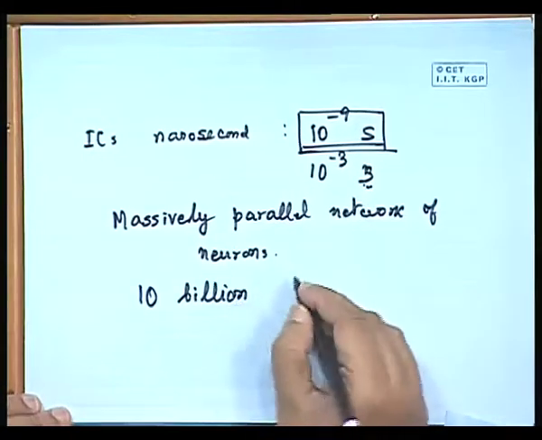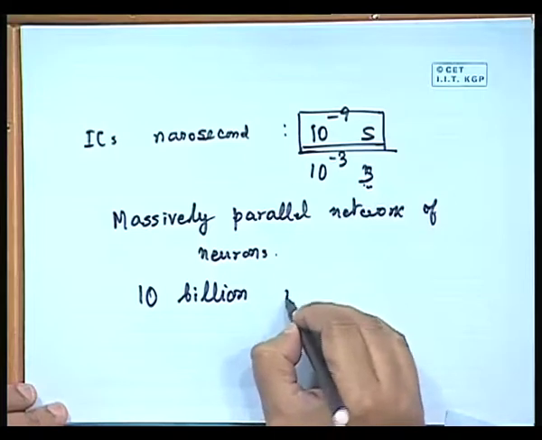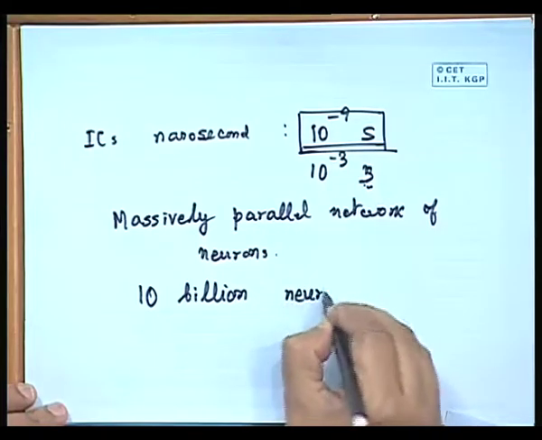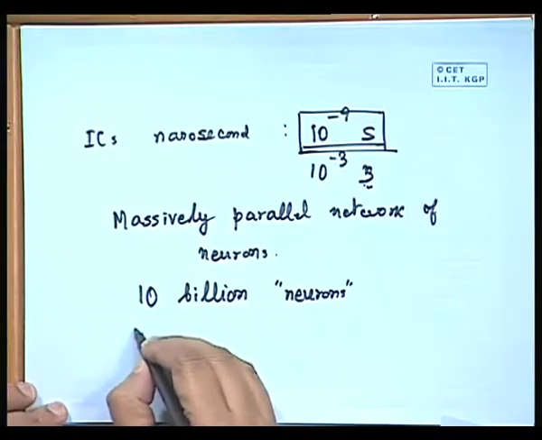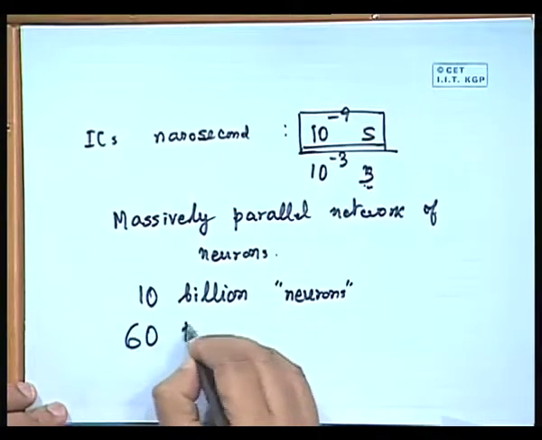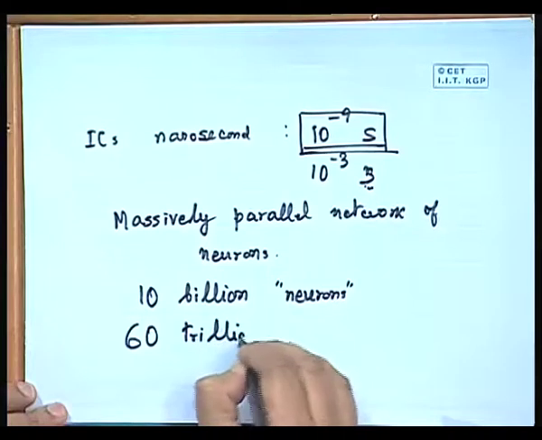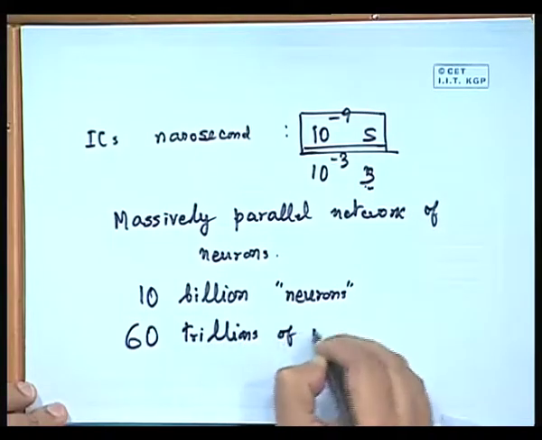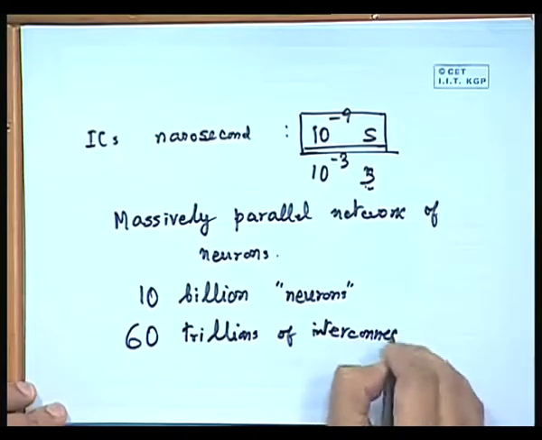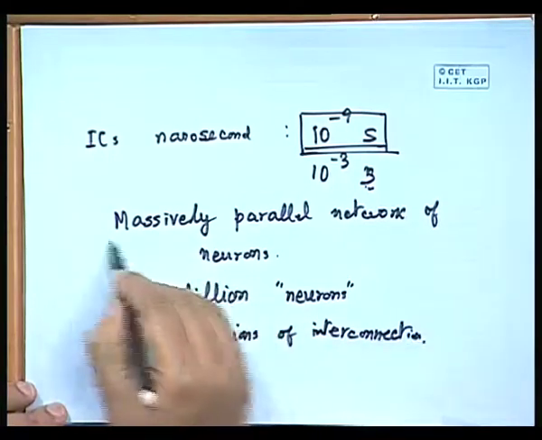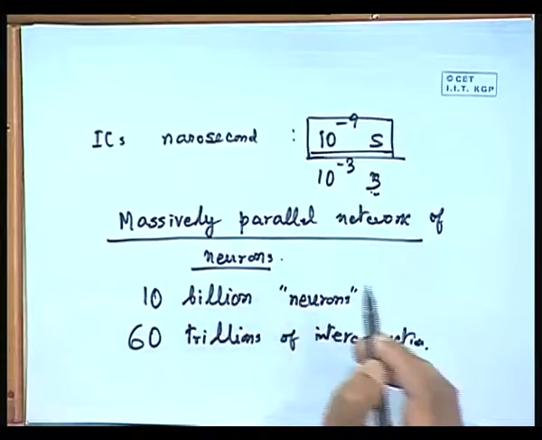Typically, there will be 10 billion such nerve cells or neurons, consisting of approximately 60 trillion interconnections. So the answer lies in this massively parallel structure.